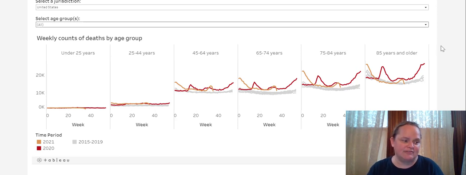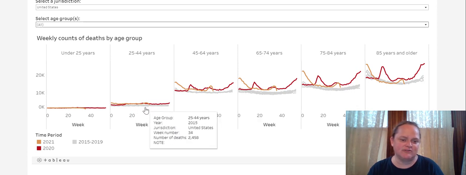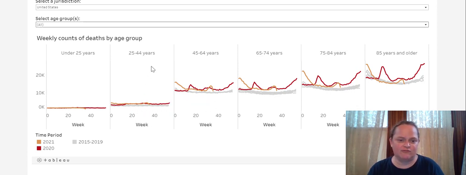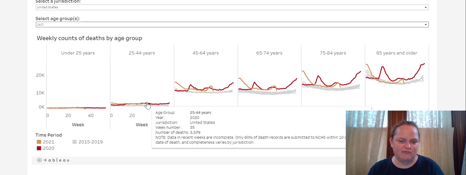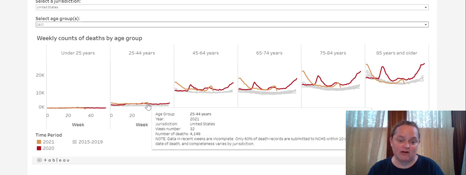There's a lot of illusion of control going around, and people thinking that they should be able to manage risk to zero, and you can't. And one of the things to look at of not being able to manage risk to zero is this 25 to 44 bucket, except for that summer wave so far, and maybe they'll get a winter wave too.